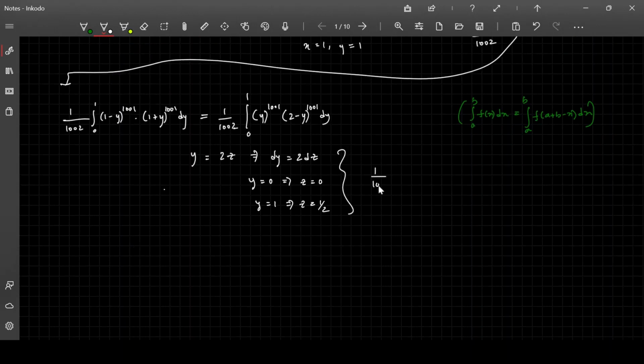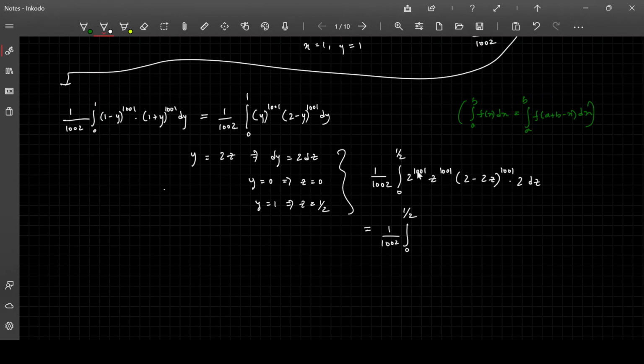1 by 1002 from 0 to half, and y power 1001, right? So it's (2z) whole power 1001, so it is 2 power 1001 into z power 1001, into (2 minus y), that is (2 minus 2z) whole power 1001, and instead of dy, that is 2 times dz. So that is 1 by 1002 from 0 to half.